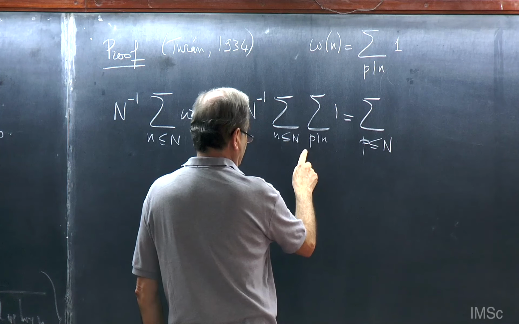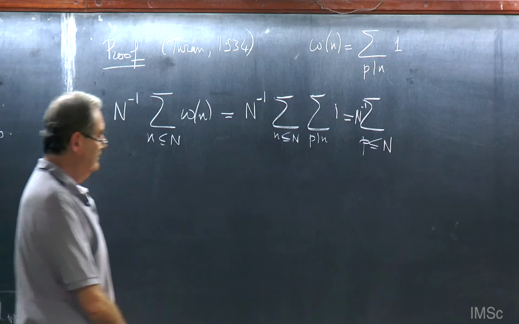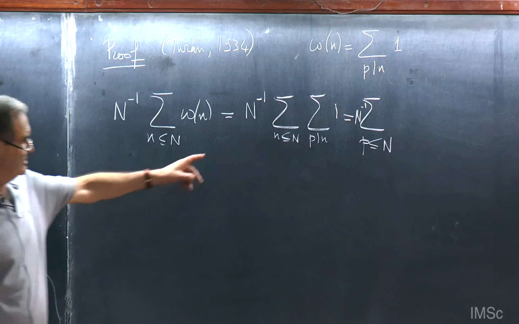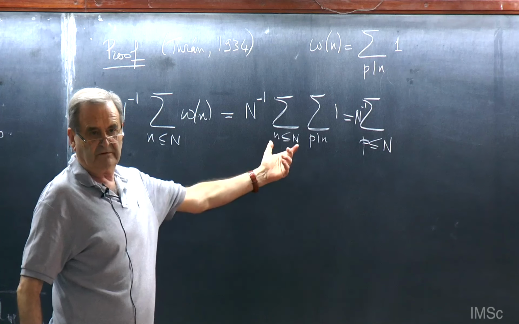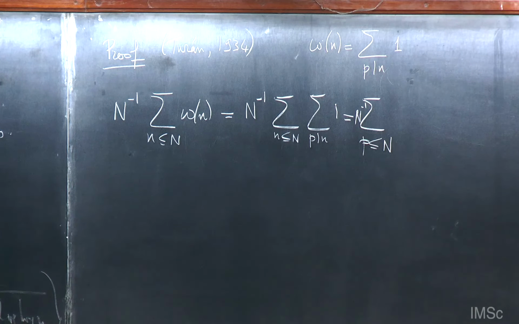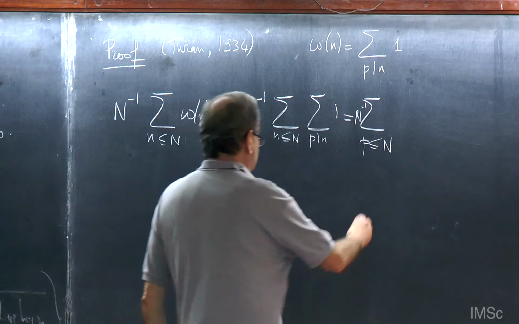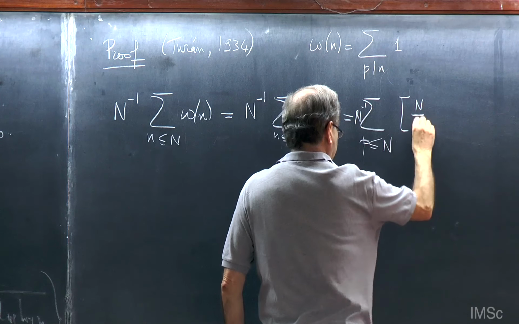So now you have the 1 over N still, and then you are counting the integers up to N which are divisible by p. But the number of integers up to N which are divisible by p, you know exactly how many they are. They are exactly the floor of N divided by p.